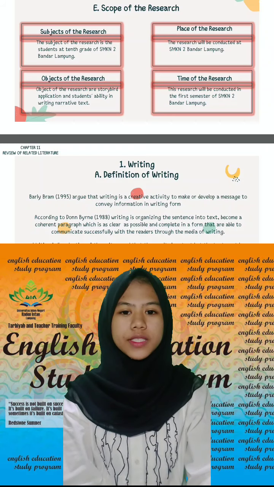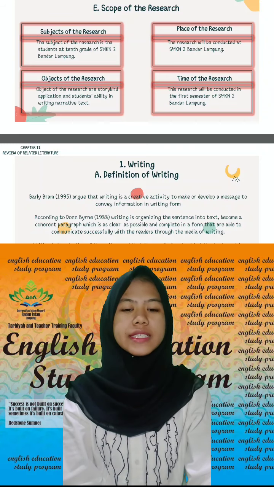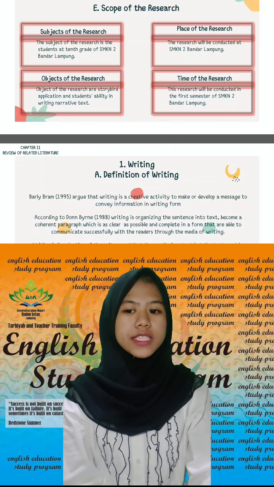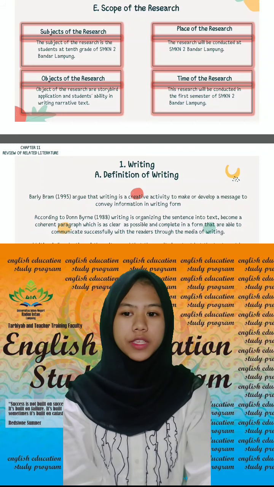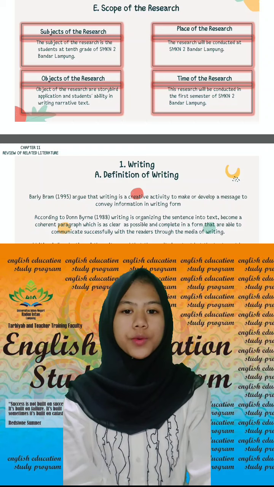The third is place of research. This research will be conducted at SMKN2 Bandar Lampung, and the last is time of research. This research will be conducted in the first semester of SMKN Bandar Lampung students. So, the next is chapter 2 about review of related literature.